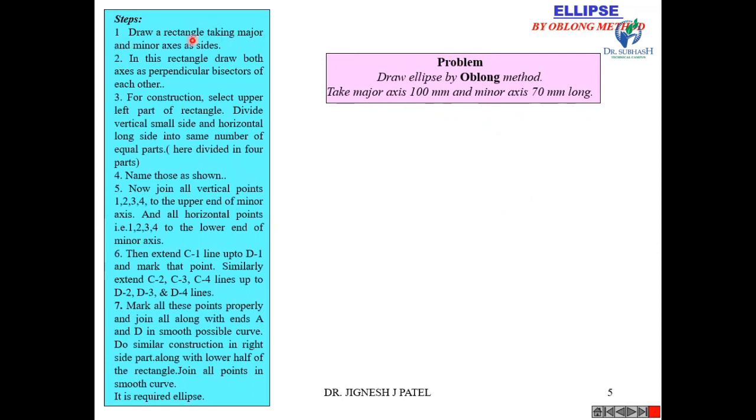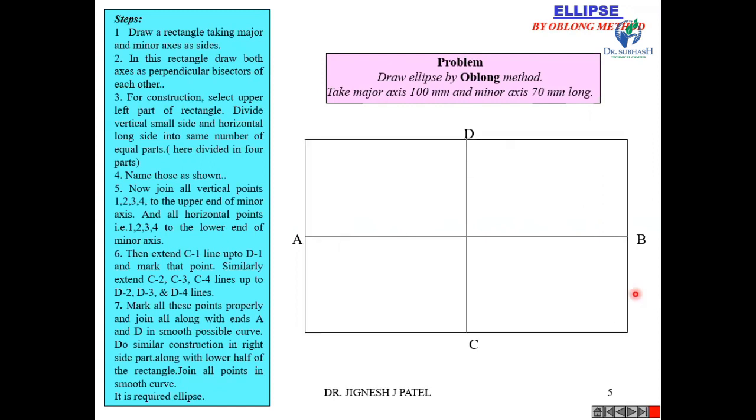So these are the different steps to draw the ellipse by the oblong method. Here the major axis and minor axis are given. So first of all, draw a line AB equal to 100 mm and line CD equal to 70 mm and complete one rectangle of 100 by 70 mm.